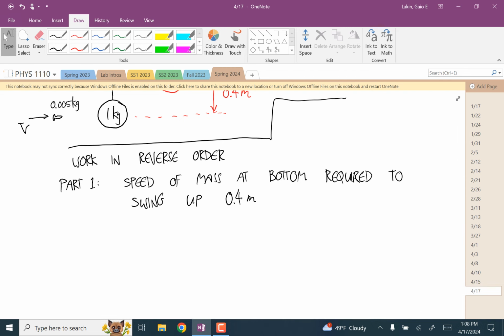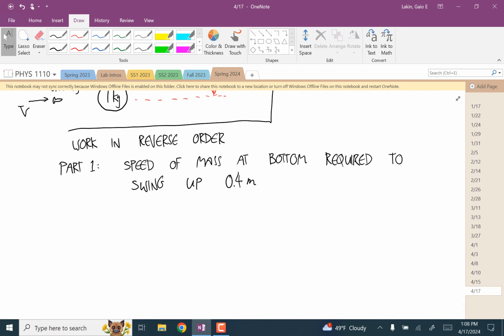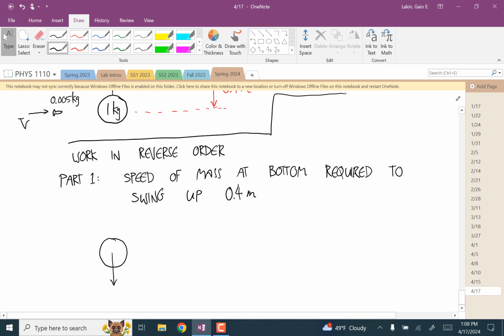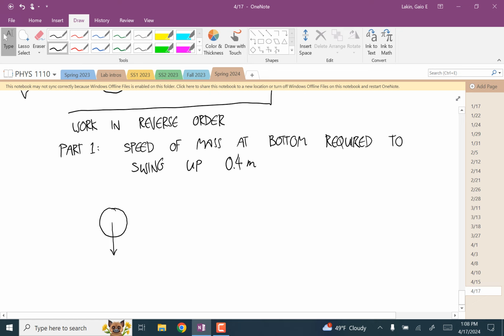Let's think for a second about a free body diagram. What forces are acting on this? There's a weight, that's the mass times 9.81. The mass is pretty much 1 kilogram, but I'll put in the mass of the bullet too because it's in there, okay?